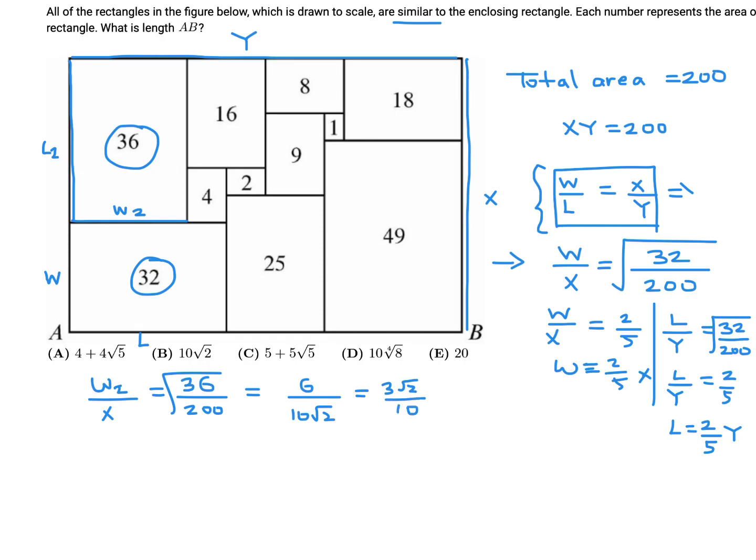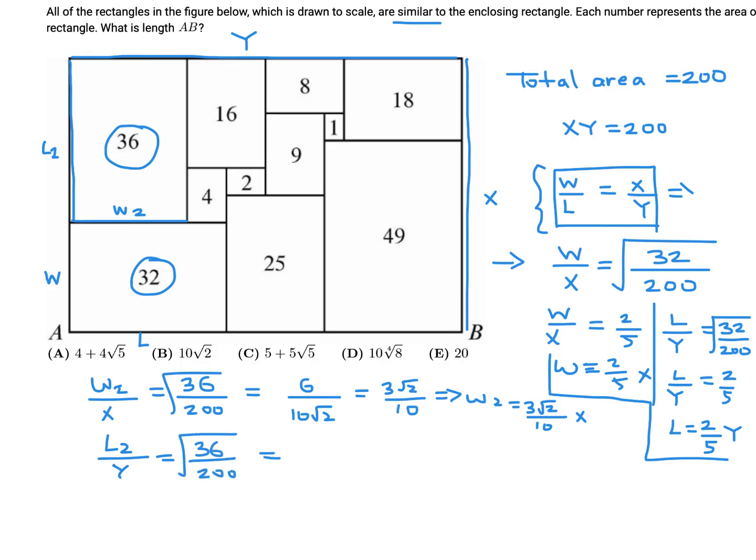So that means W2 is equal to 3 root 2 over 10 x. And very similarly, the L2 over Y has the same pattern, 36 over 200. And that would be 3 root 2 over 10. And then same thing, it would be L2 is equal to 3 root 2 over 10 y.